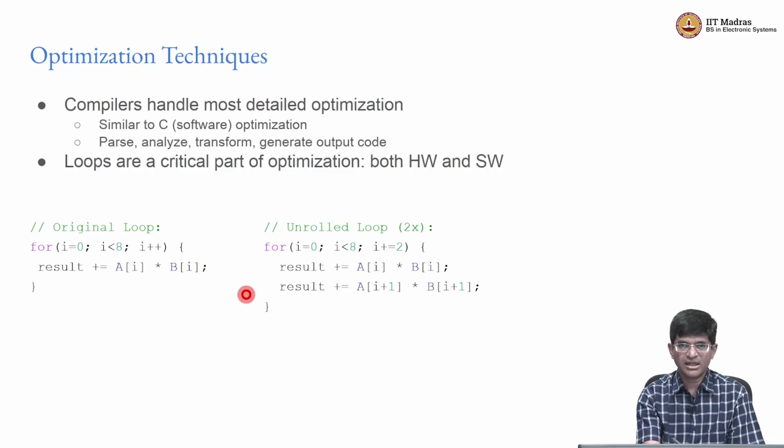The same thing happens in hardware, because at the end of the day when you write Verilog code and you try to synthesize it, there is actually a compiler that takes that code and tries to generate a corresponding set of gates.